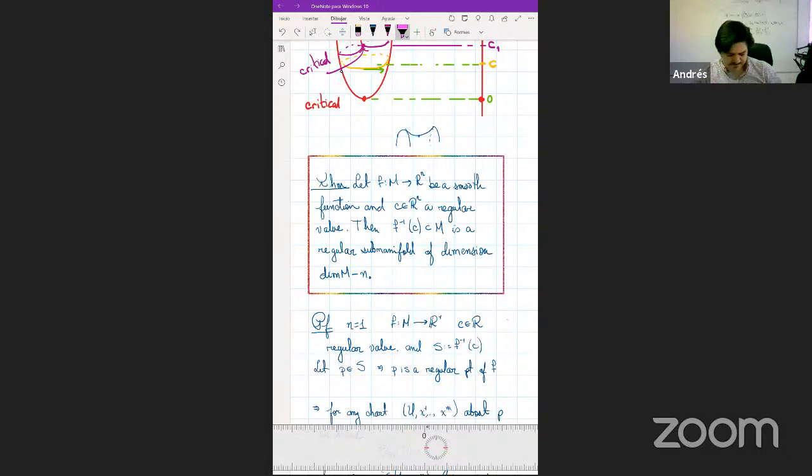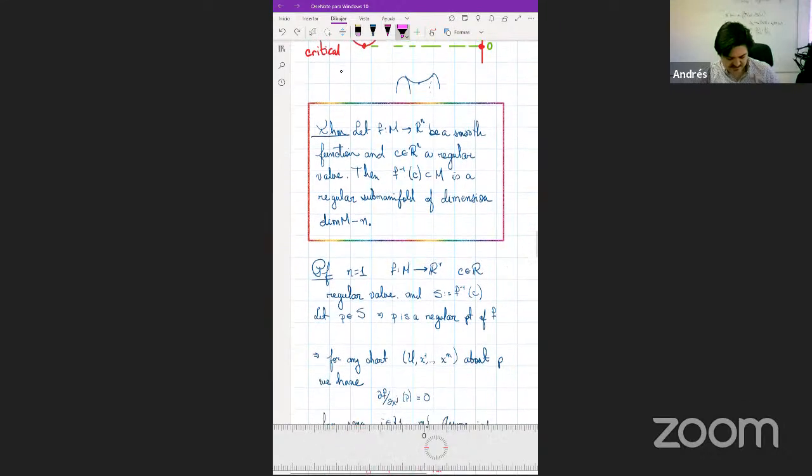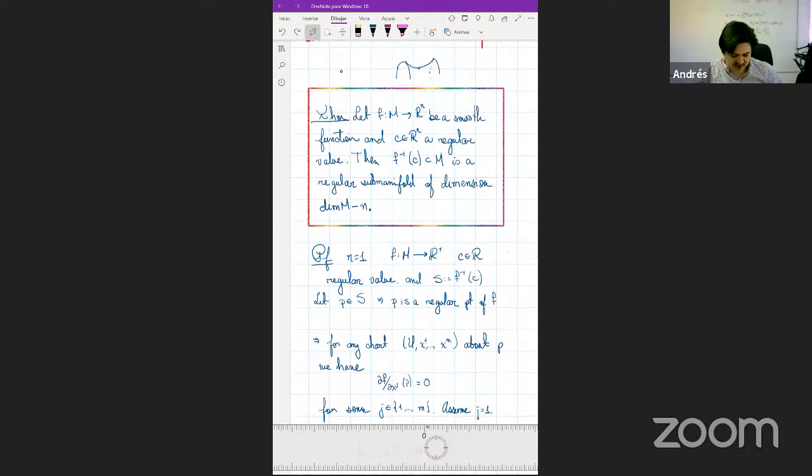Now, because C is a regular value, we know that the differential is surjective, right? So with respect to these coordinates, I know that at least one partial has to be non-zero.